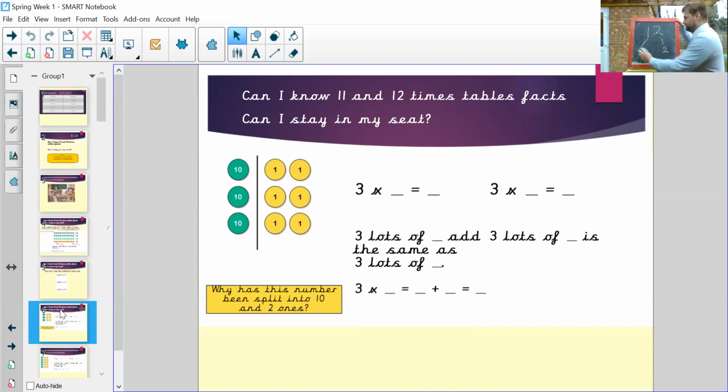So remember this. On the board, we've got 3 lots of, we can imagine it like this. And we split our 12, our 3 lots of 12 into the following.